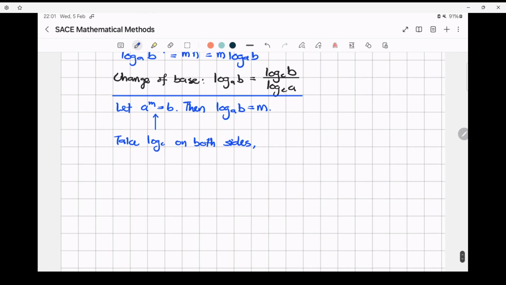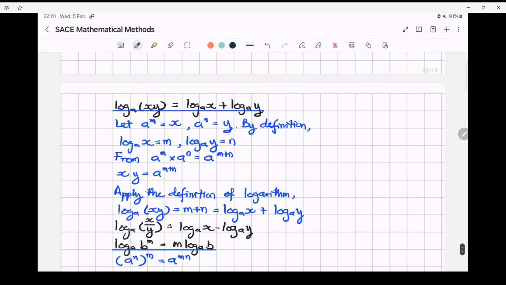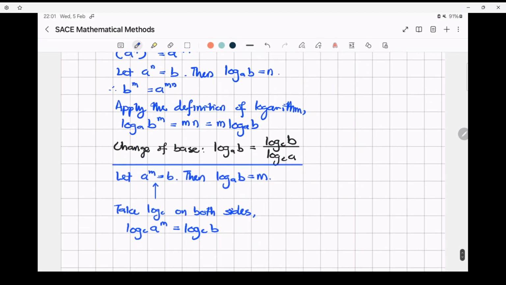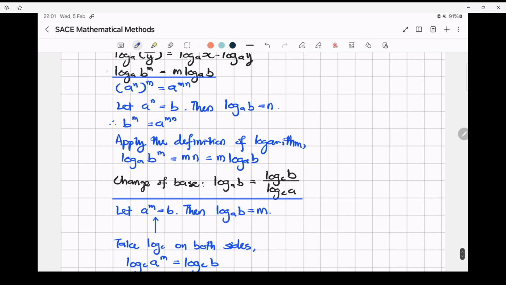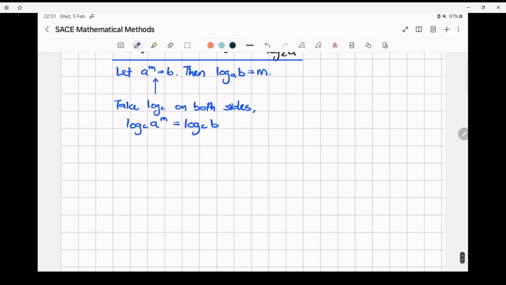Once you did that, you have log base c of a to the power of m equals log base c b. This particular expression on the left hand side, previously we already showed that it will be equal to this one: the index you move in front. So this would be m log base c a equals log base c b.